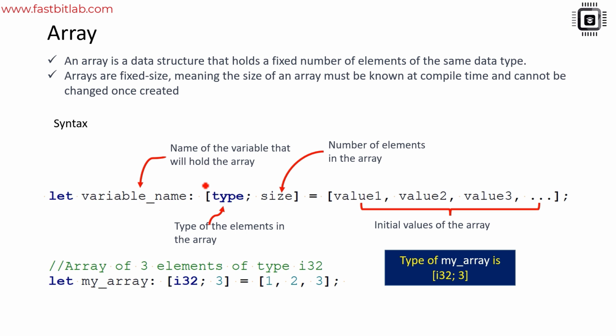It is actually optional, and if you want to mention the type, you should also mention the size, and the type and size information must be separated with a semicolon, and this information must be inside square brackets. Size means the number of elements in the array, followed by the set of initialization values. The initialization values must be inside the square brackets, and each value must be separated by a comma.